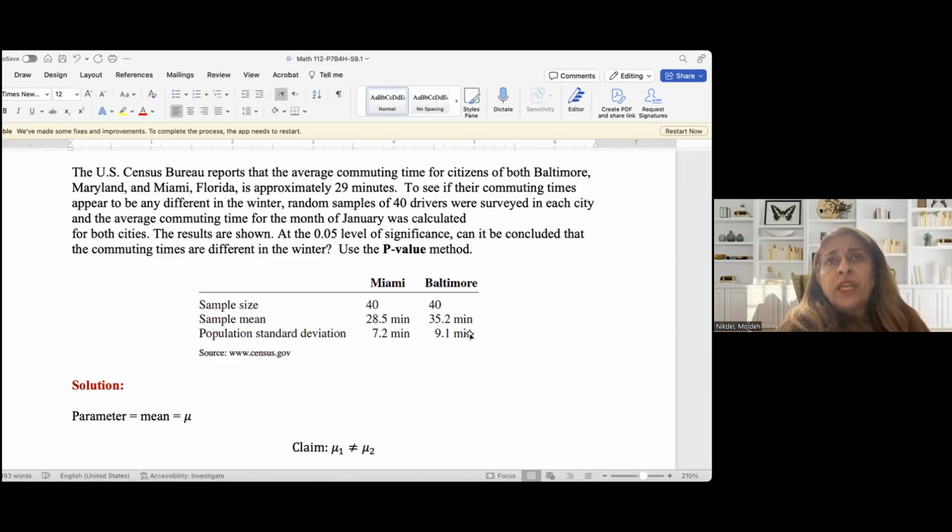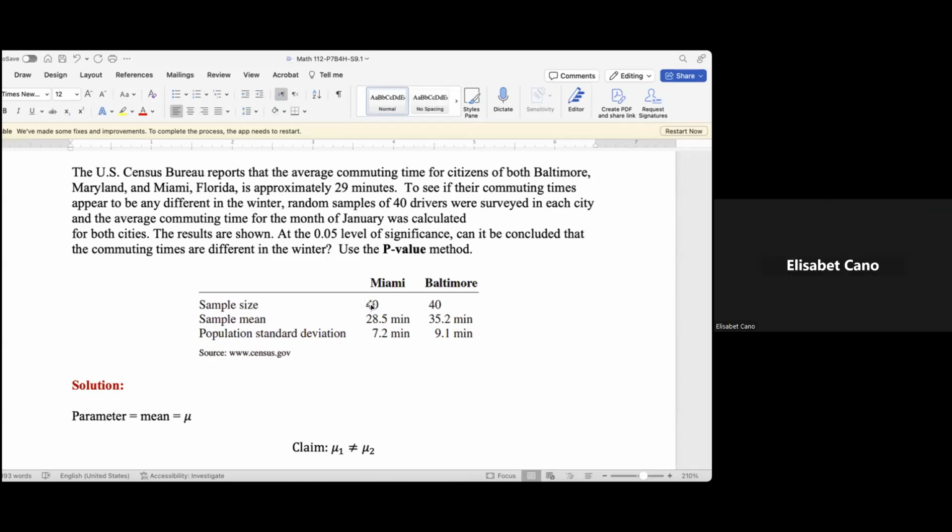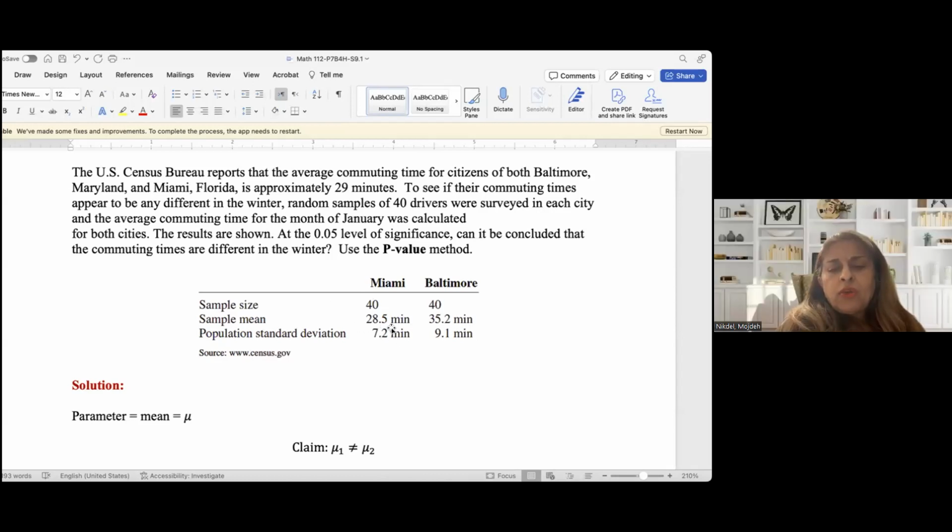Then after you are done entering data in list 1 and list 2, go to stat, calculate, one-var stats. You pick these numbers from one-var stats from the calculator. By the way, if I give you raw data, you are not going to pick sigma from the calculator. You're going to pick S sub X. So that number 7.2 and 9.1 would be different.